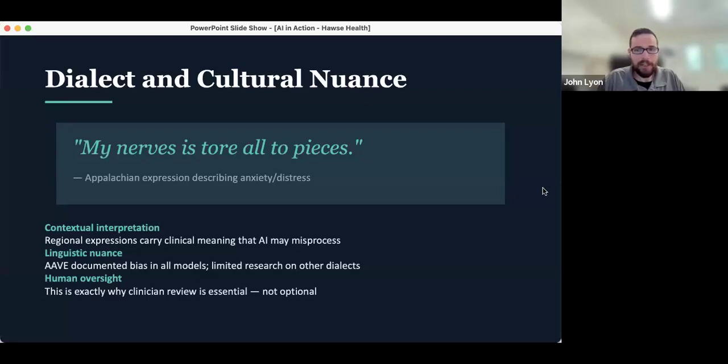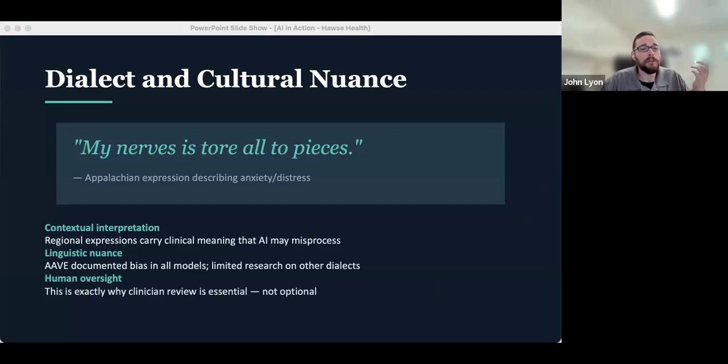So, dialect and cultural nuance. Not everyone speaks perfect English, especially here. Regional expressions carry clinical meaning that AI may misprocess. We have a lot of evidence that AI is biased. I mean, it's trained on us, so of course it's biased.